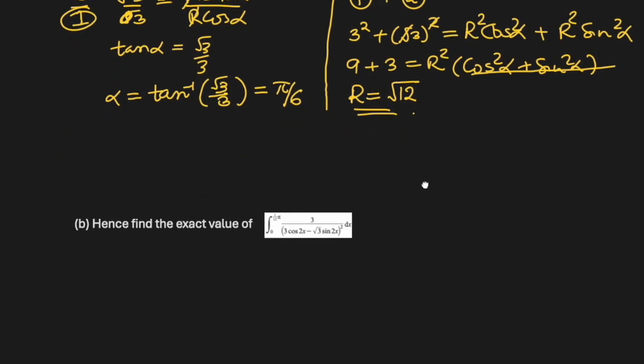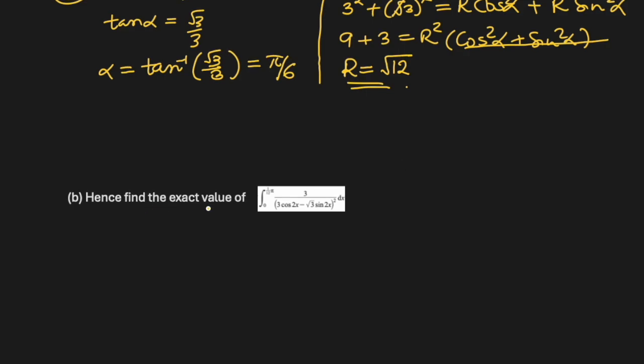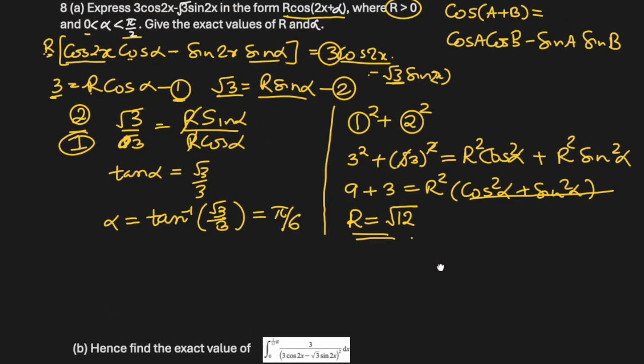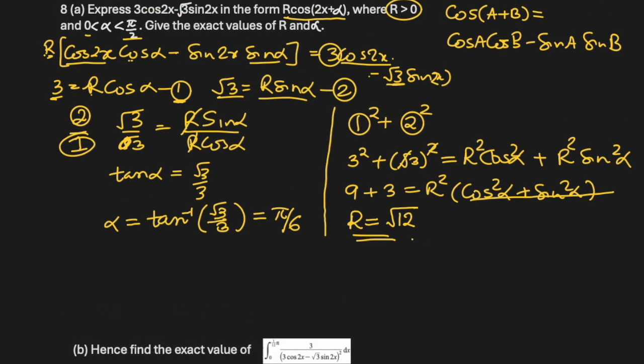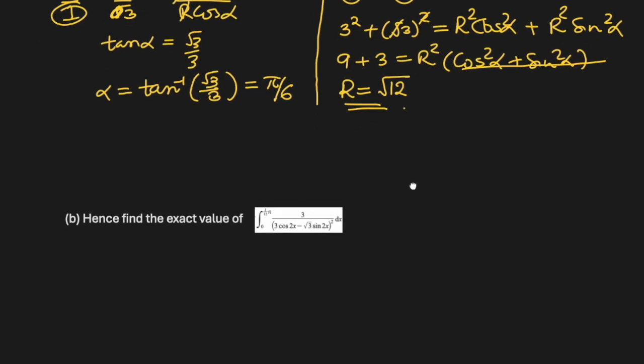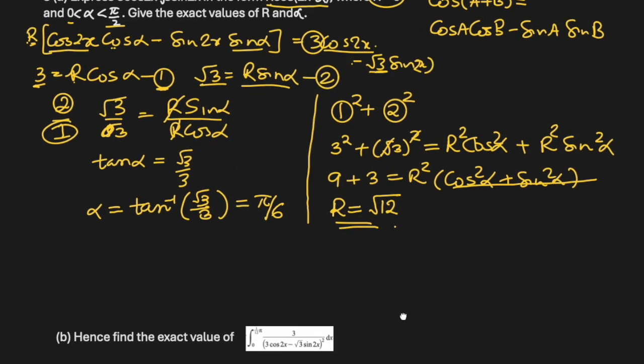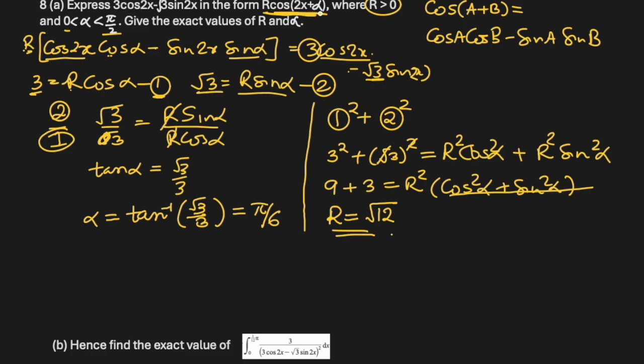Now, second part, it says, hence, find the exact value of this. And if you look at this, it is exactly matching with 3 cos 2x minus square root 3 sine 2x, but squared. So what will I do? Whatever I've got, the format was this one, right? So in place of this, I will write here from 0 to 1 over 12 pi, 3 divided by, now this has changed to r cos(2x plus alpha).